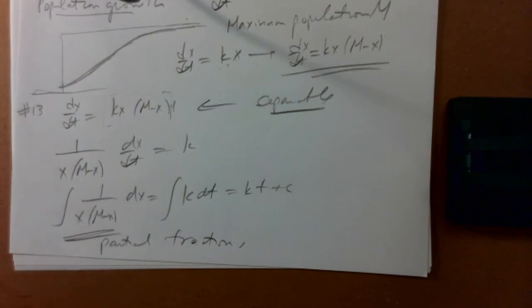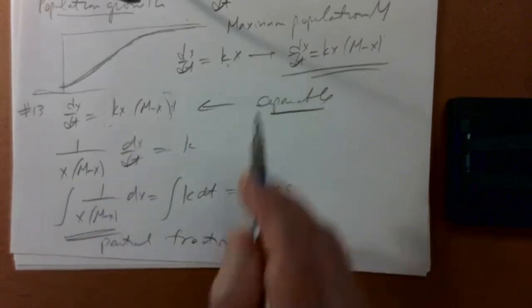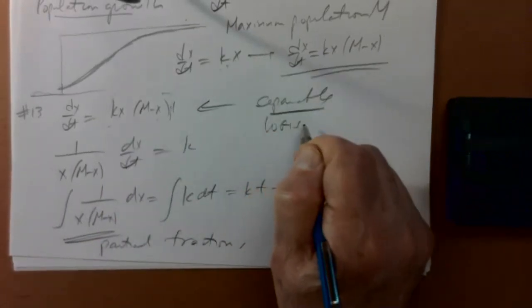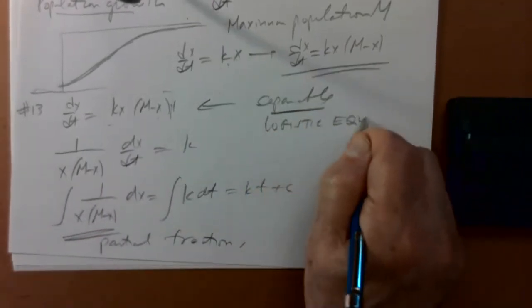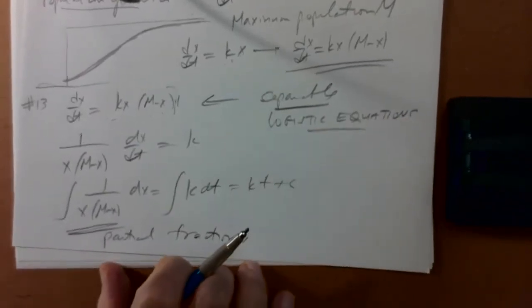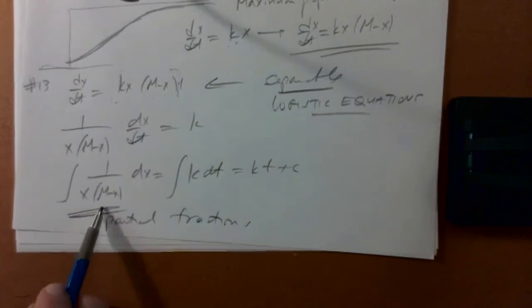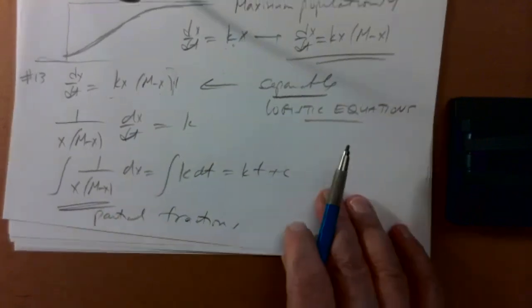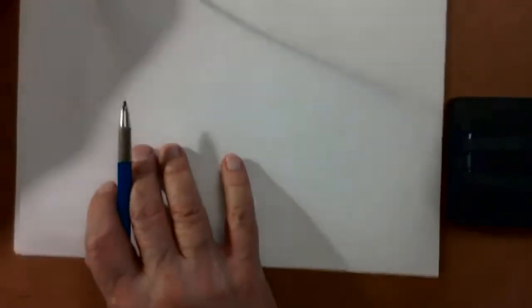Okay. So is there any question about how I got from here to here? This is my differential equation. It's sometimes called the logistic equation. Of course, it's a model for many, many situations, not just population growth. And how do we do the integral on the left? So we have 1 over x times m minus x.